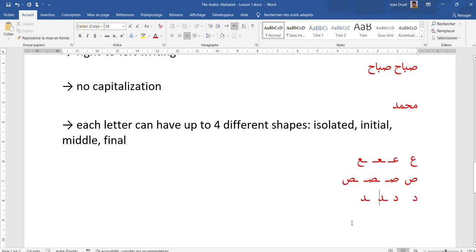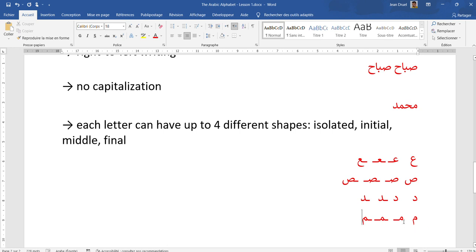Just the last example for the sake of clarity. If I take that letter, which you know already, it's the M as in Muhammad. This is the isolated form. Then this, the initial, connected to the left. Then this is the middle form, and this is the final form. I make the same observation, the head and the tail.